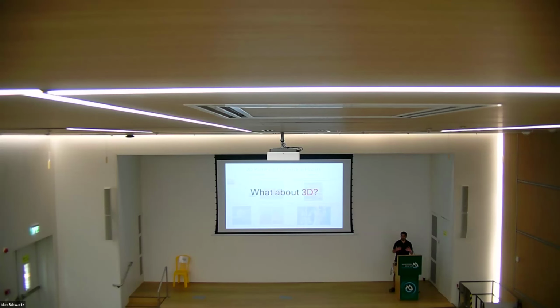But the question is, what about 3D? Well, can we simply perform the same sort of pipeline in 3D? Just to give you an idea of what we're interested in doing for 3D generation and understanding, we can do things like, for example, using a text or a click, you might want to select or describe an object in a video, and then we want to track all the objects that correspond to that object in 3D.